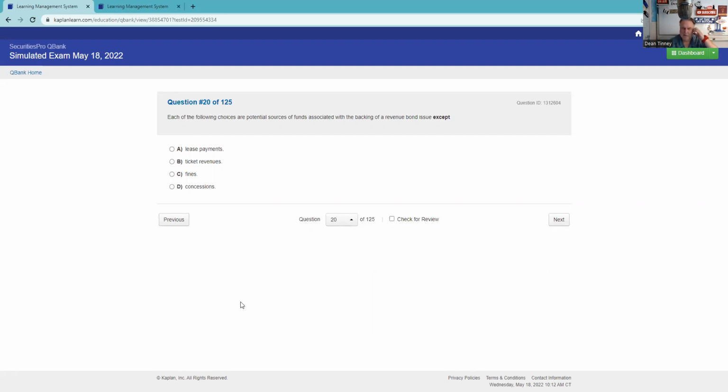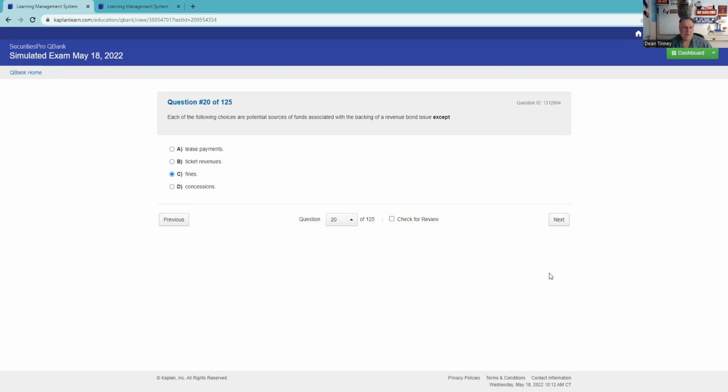So we've got to decide which one of these we think goes into the general budget of the municipality, and therefore would be GO bonds and not revenue. I think the one that's least likely to be a revenue bond is going to be the fines. I think of tickets, police officers, you run a stoplight, they write you a ticket. That typically goes in the general budget. I may miss that one, but I'm going to go with C.